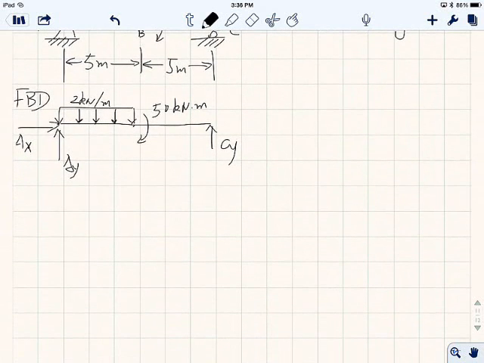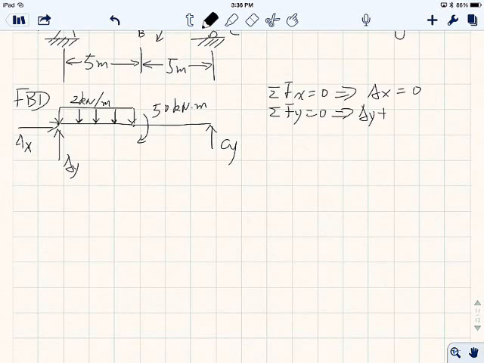And what we do is the same thing. Summation Fx is 0. Therefore, AX is 0. And summation Fy is 0. Therefore, AY plus CY going up, right?